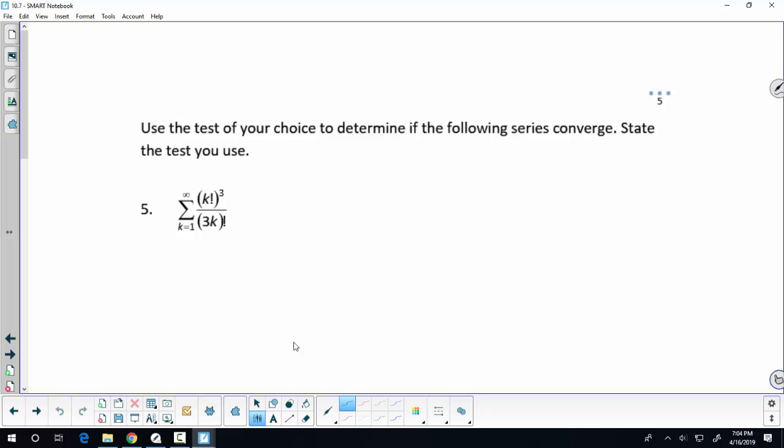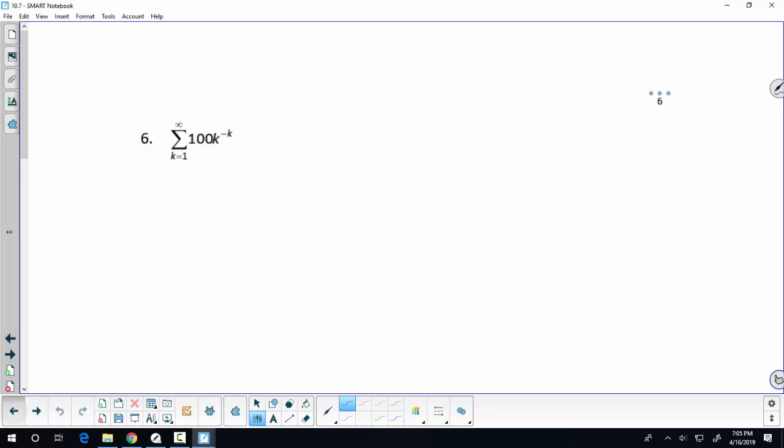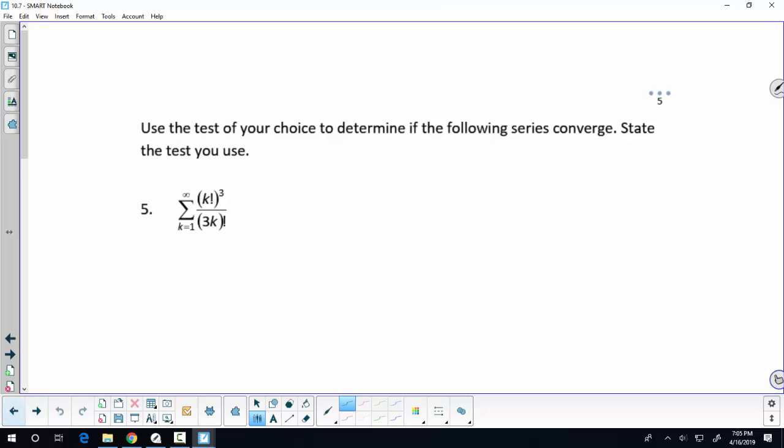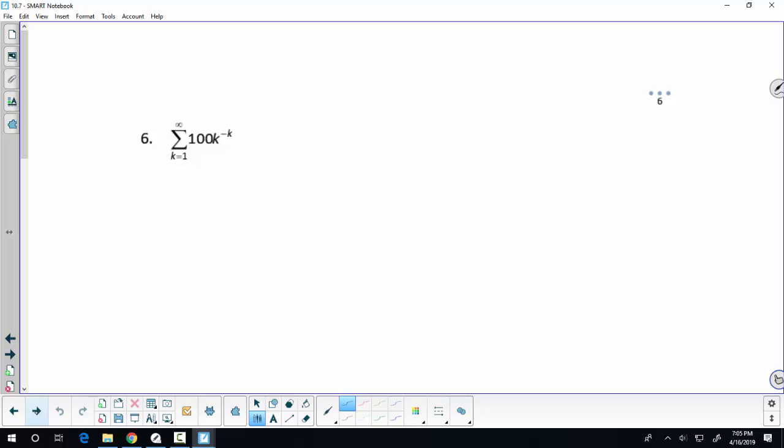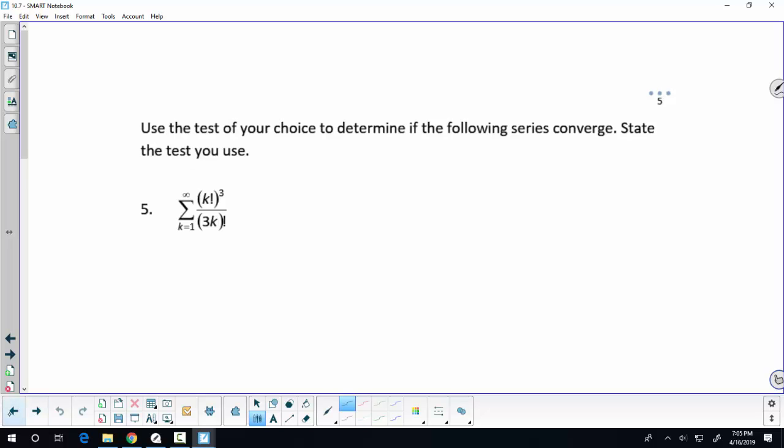We're seasoned employees. Well, we were pretty much done with 10.7 unless anybody had questions. We have these last 2 examples to look at. We did the very last example, we skipped example 5 and example 6. Let me remind you: state what test we should use to determine if it converges.